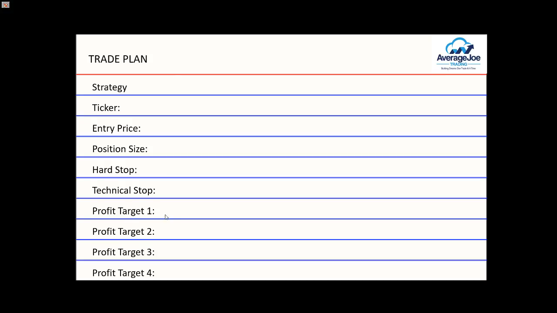One of the issues with trading a smaller account is that a lot of times you can't put your stop in and your profit target in at the same time because you don't have enough buying power. So that's another issue that you run into trading relatively small.